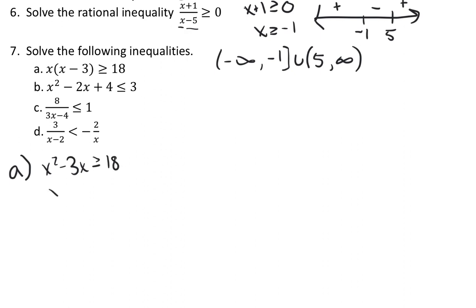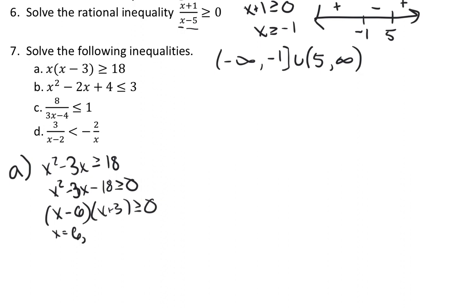And then we're going to subtract that 18 over, and then we have a quadratic. So now we're going to factor it again. We get (x minus 6) and (x plus 3) that's going to be greater than or equal to 0, right? So we have x is equal to 6 and -3. So we're going to check those points on our timeline.